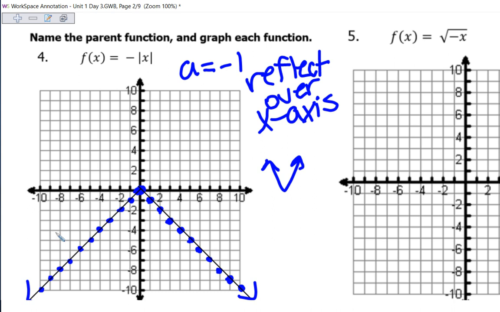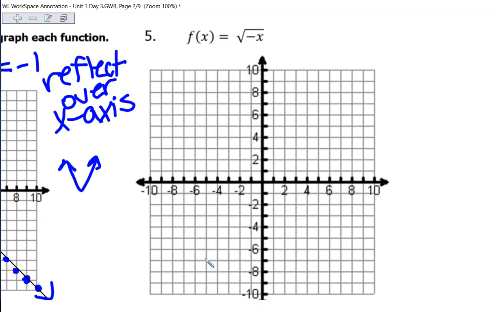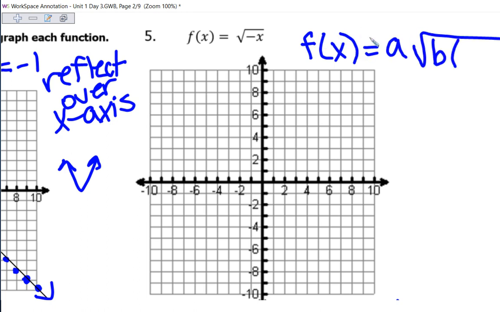Next one, number 5. What is the parent function here? Yes, that is the square root. The general equation for a square root function is f of x equals a square root of b times x minus h, plus k.